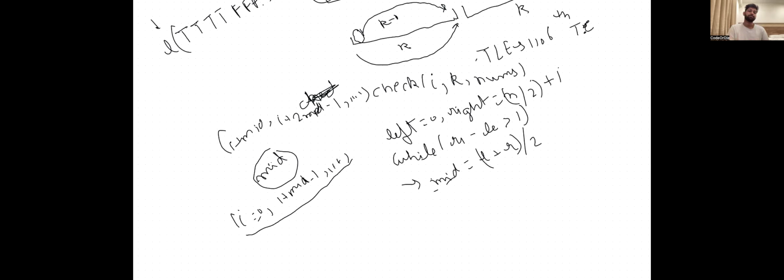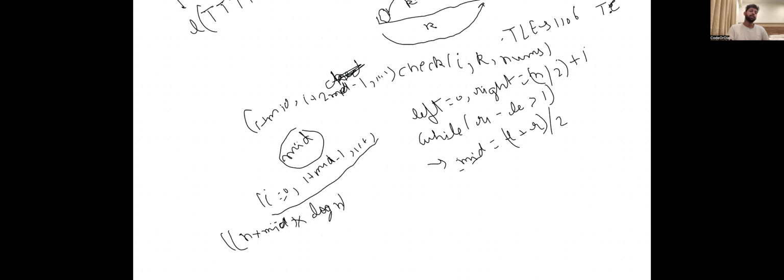You will do this for each i. So n times mid must be the time complexity, into how many times we do the binary search, which will be log of n. Like, you can just consider log n.